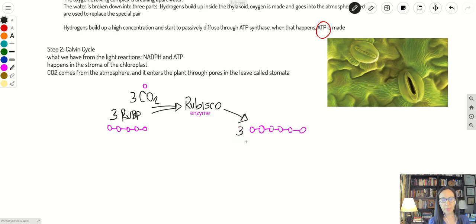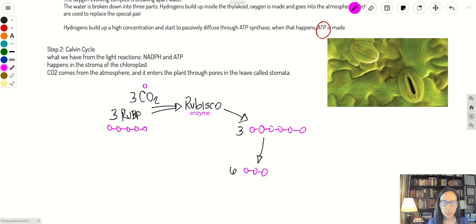Okay. Then this long molecule gets ripped in half, and then we're going to have a new molecule called PGA. You don't have to remember these names. I'm just putting them here so you have a clue. So we're going to have 6 PGAs, which is going to be 6 3-carbon molecules.